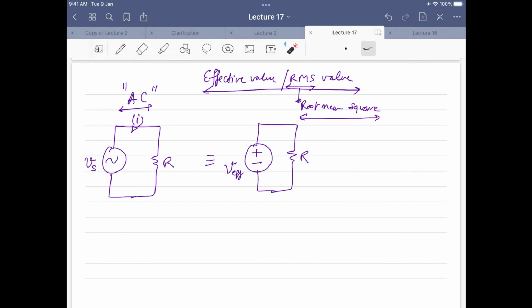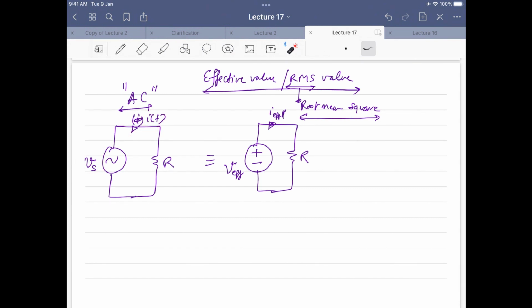Similarly, we want the effective DC current, with the AC current being the other one. We want the effective voltage and effective DC current that generate the same amount of power in this resistor as the alternating voltage source and alternating current do.